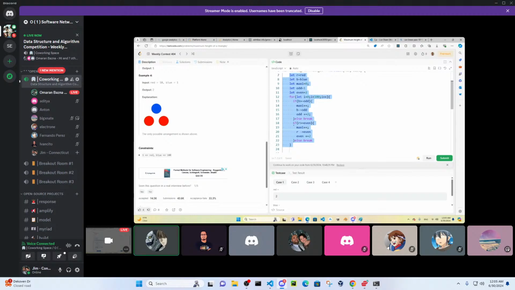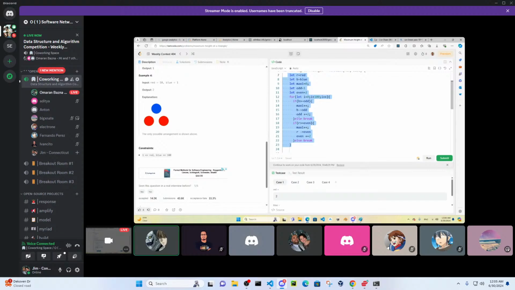Then if r, the red, is greater than even, we also add another layer to max1 because we can have another even layer from the red. We subtract this even number from r, and then even increases by 2, or we break. So all this is the height of the triangle, given that we start the triangle by putting the blue ball first.